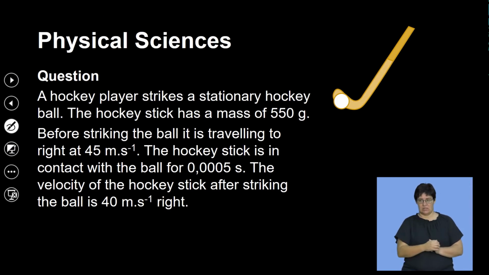So we have a hockey player who strikes a stationary hockey ball. Stationary means, and I'm hoping you're all screaming at the TV for me, initial velocity is 0. Okay? The hockey stick has a mass of 550 grams.